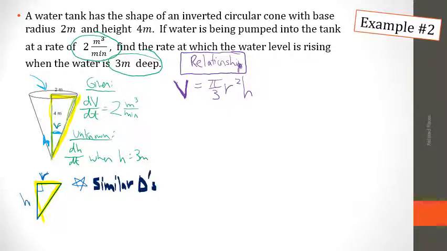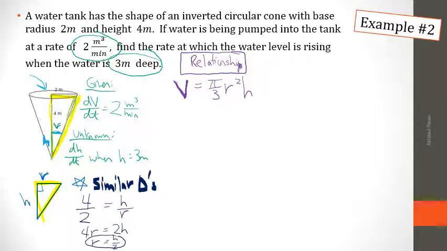So using similar triangles, we know that 4 is to 2, height is to the radius, as h is to r. And if we solve this, we get 4r equals 2h, and we get the radius is h over 2.